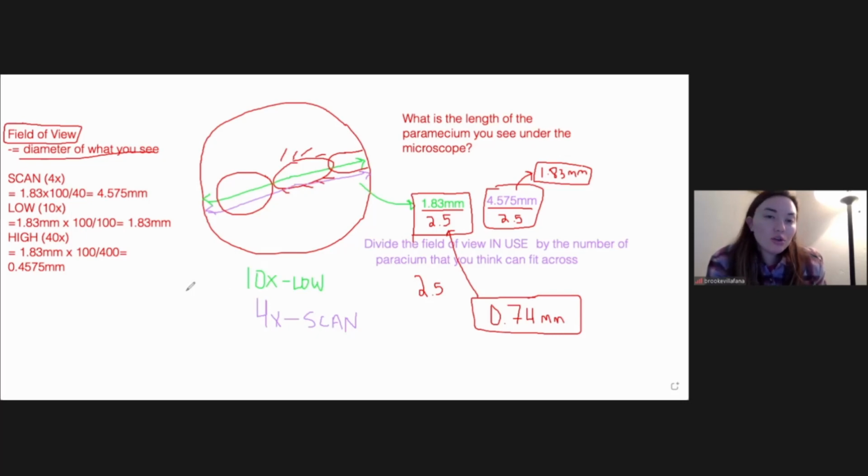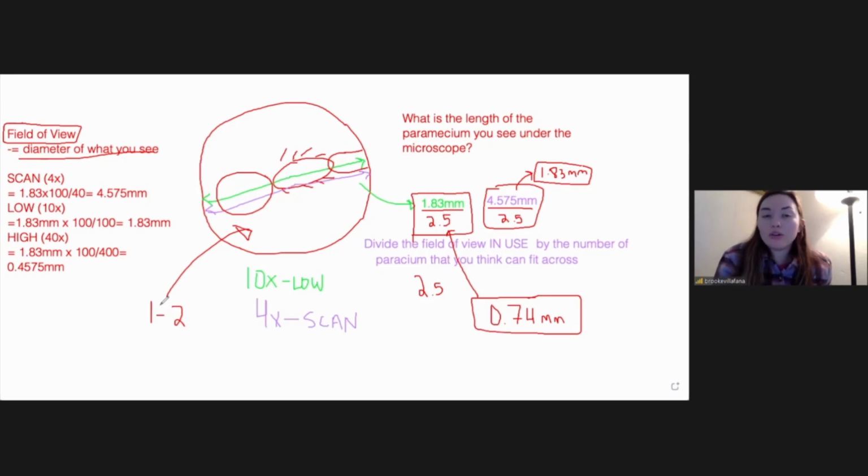So it's not too complicated. And just another word of encouragement, this type of question, you're going to have 1 to 2 questions on the entire 50 question lab exam. So maybe 1 question, maybe 2, but really probably 1 question. So it's worth it to learn how to do this.